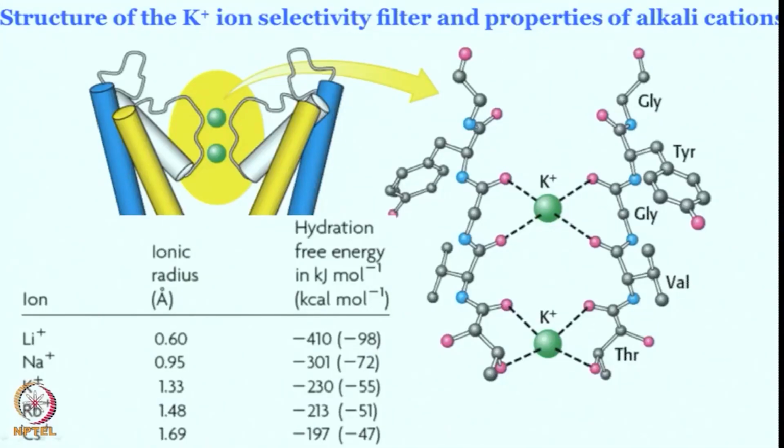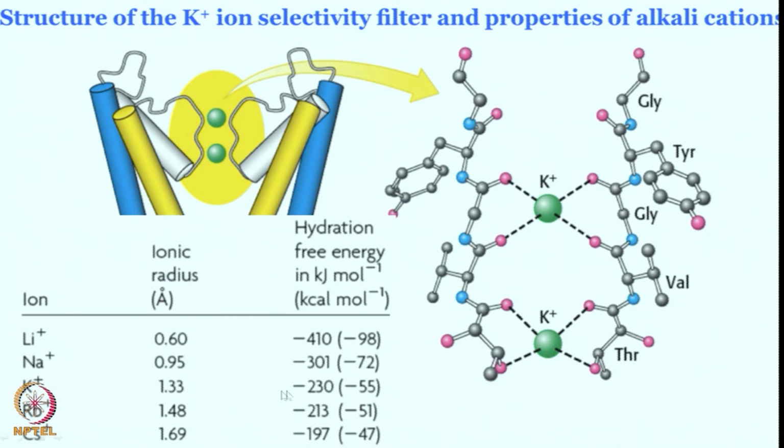Let us get back again. Rubidium and cesium cannot pass through some part of the channel because there is a very small aperture or opening, and therefore they cannot pass through, they get stuck. Lithium and sodium in principle should pass through very easily, but they are incapable of losing their water molecules since they have high hydration free energy.